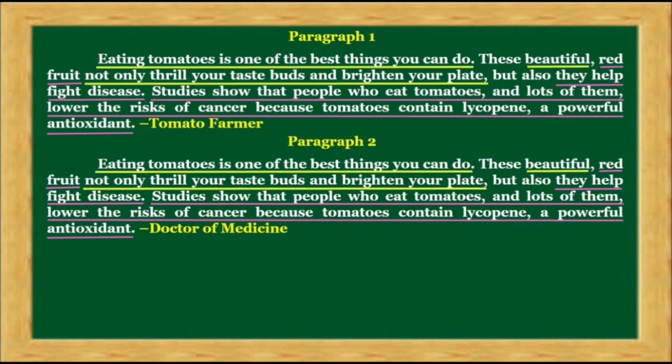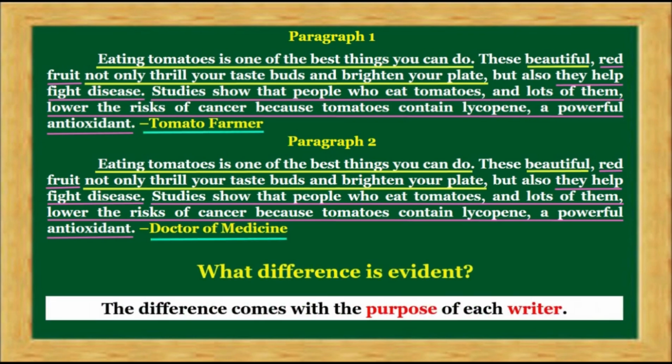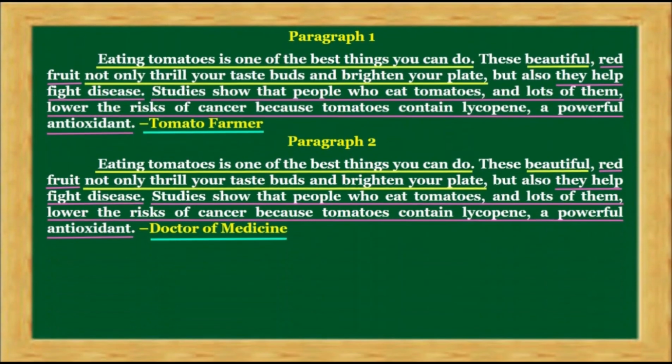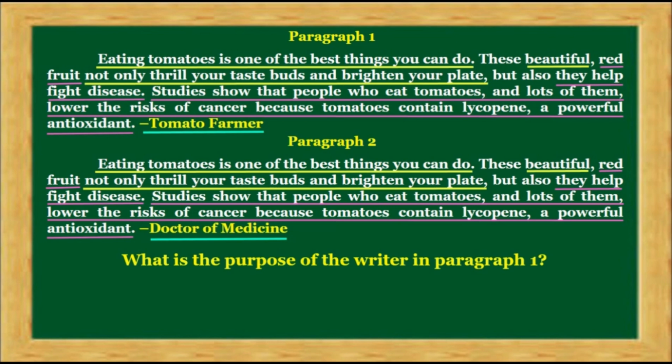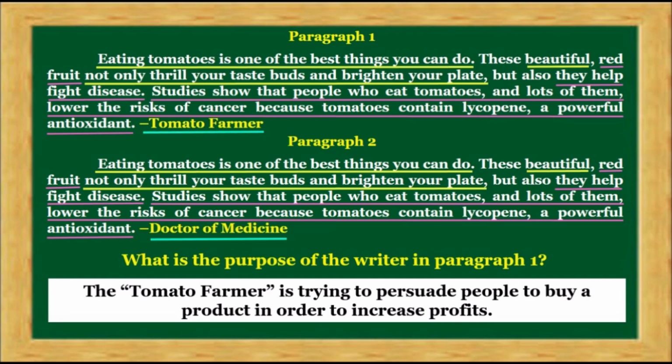What difference is evident? The difference comes with the purpose of each writer. What is the purpose of the writer in paragraph 1? The tomato farmer is trying to persuade people to buy a product in order to increase profits.